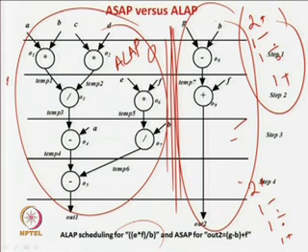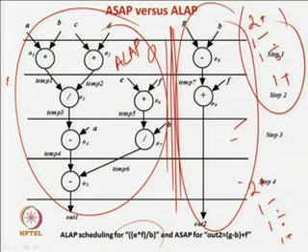What we essentially want to show is that as soon as possible and as late as possible are heuristic algorithms. They are not exact algorithms. For some examples one will give a better solution, and in other cases the other will give a better solution. So what next? Next we will try to design another heuristic which will take a hybrid of as soon as possible and as late as possible.